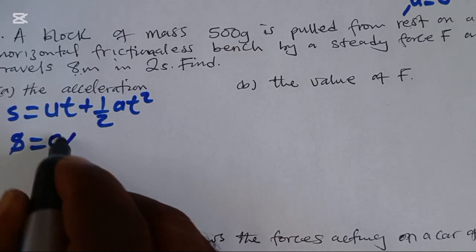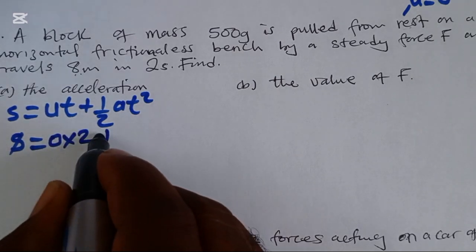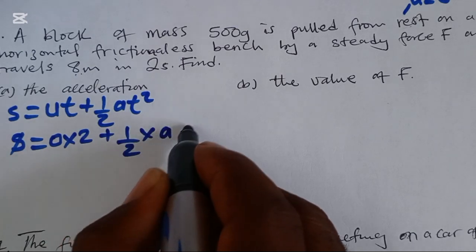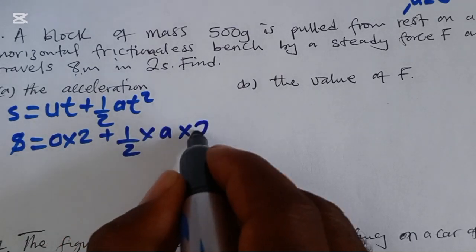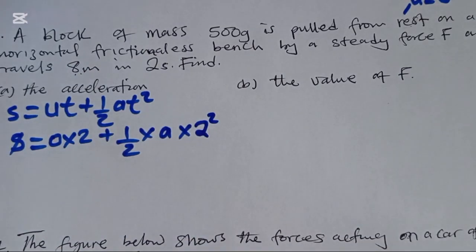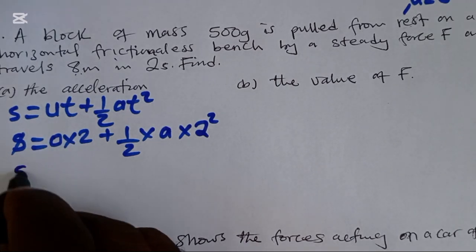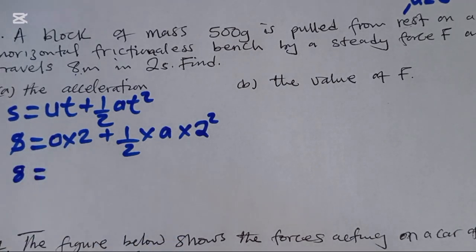So 0 times 2 plus 1 over 2 times acceleration times 2 squared. So 0 times 2, that is 0, so we have 8 is equal to, so 2 squared, that is 4.